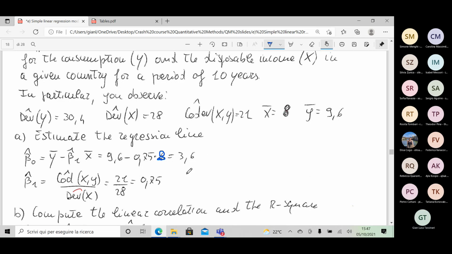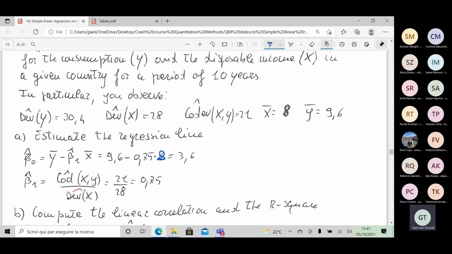So it's 3.6. I don't know which was the unit of measure for billion, million, I don't know. However, this is the expected level of consumption of this country in case of disposable income x equal to 0. But this is expected according to the estimated straight line.